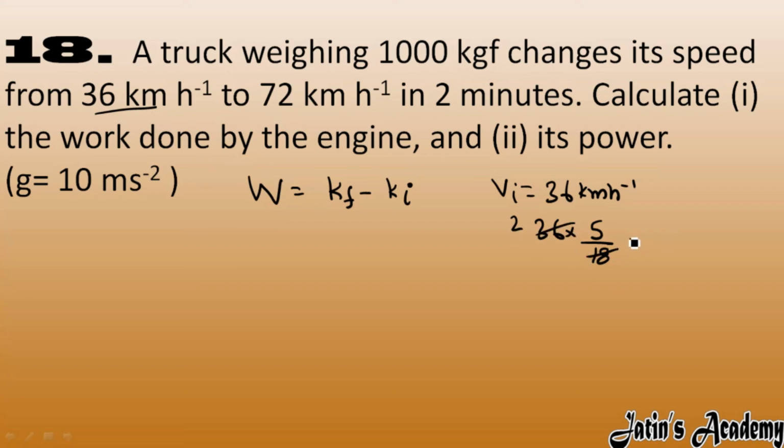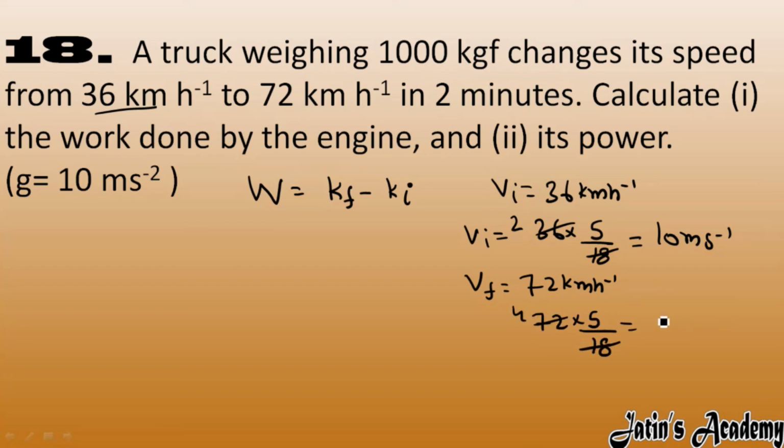So here it cancels out. The initial velocity we have 10 meter per second, and the final velocity, we have 72 km per hour, which is 72 into 5 by 18, which is 20 meter per second. We have calculated the velocities. Now let's calculate the kinetic energy.